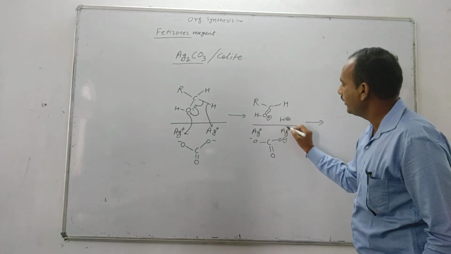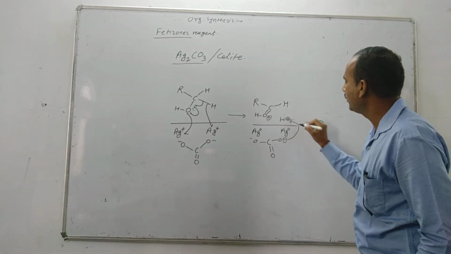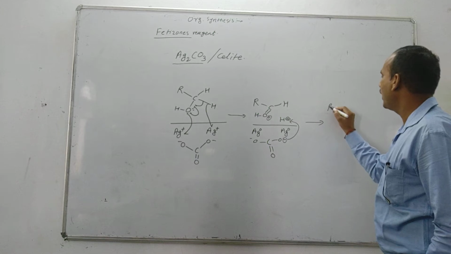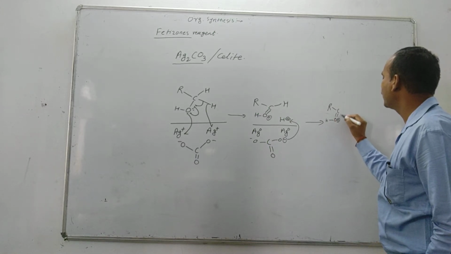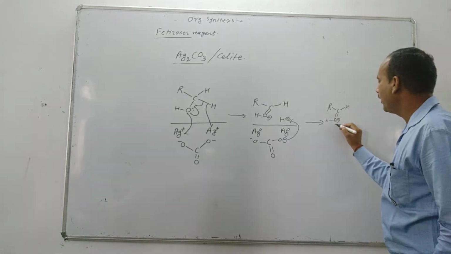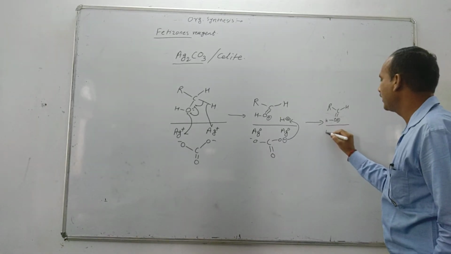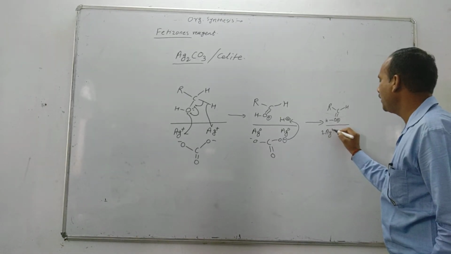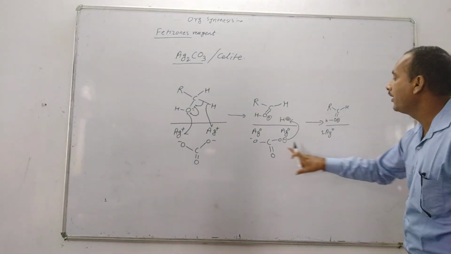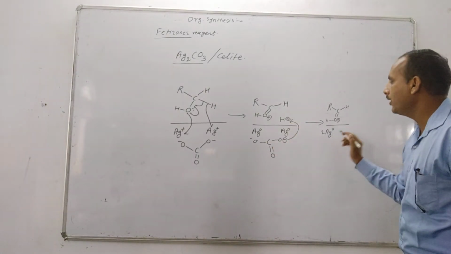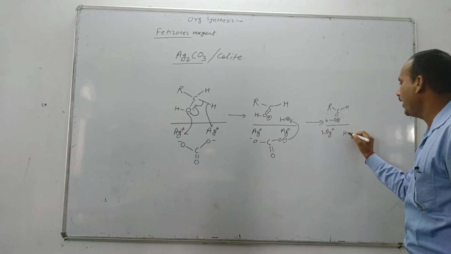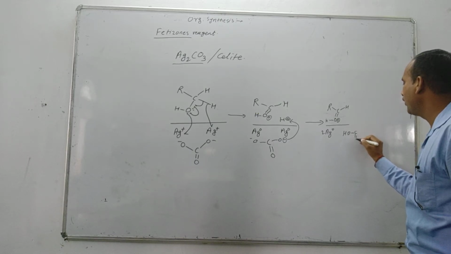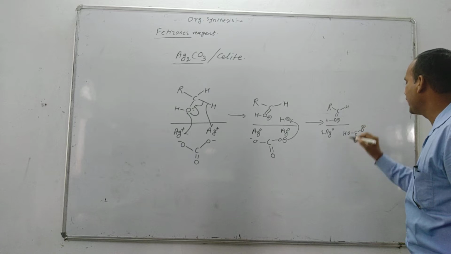So it takes the proton, RC=O plus H, and here on that surface now there are two Ag in zero oxidation state. Now this carbonate takes the proton, it forms HO-C=O, O minus.